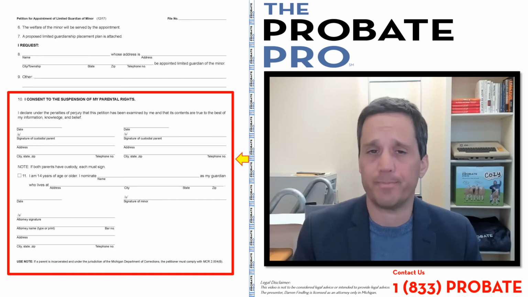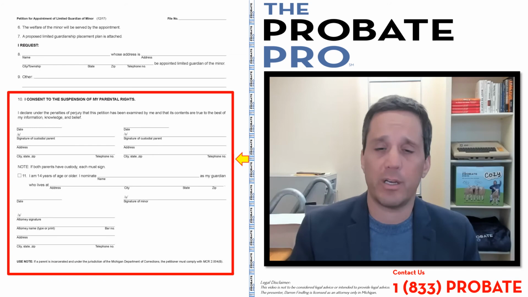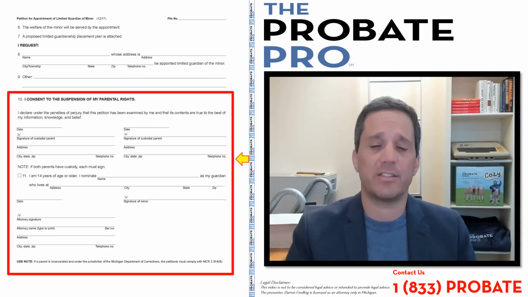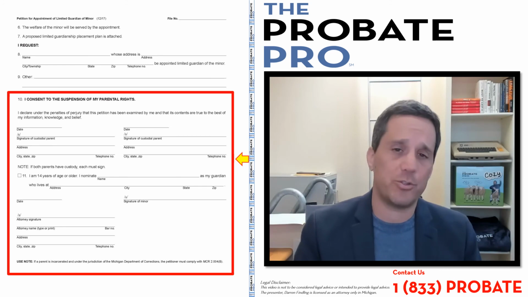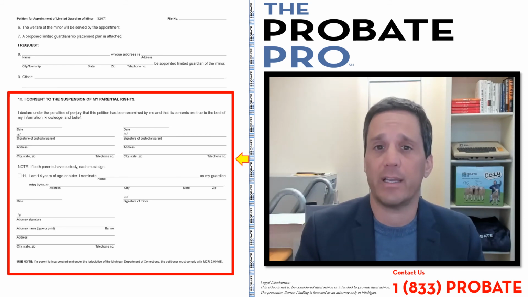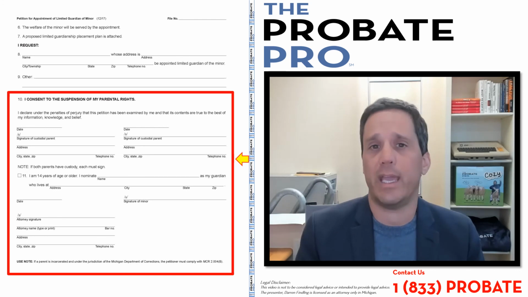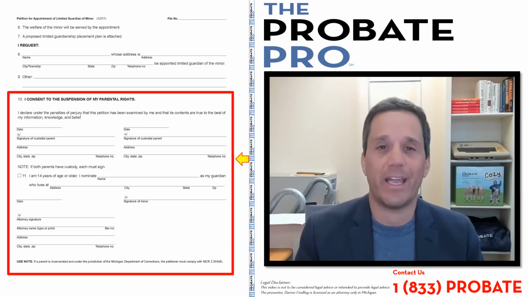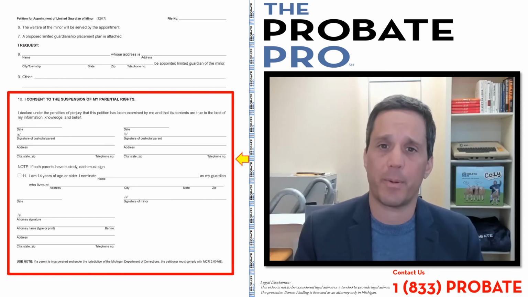Now, with any petition, it's filed with the probate court. There's a filing fee. It's scheduled for hearing. There's a requirement to follow the court rule and statute for giving notice to the interested parties, and ultimately there'll be a hearing. And at that hearing, the court will have jurisdiction over the matter and adjudicate the petition and ultimately enter an order, assuming that an order gets entered for the limited guardianship.